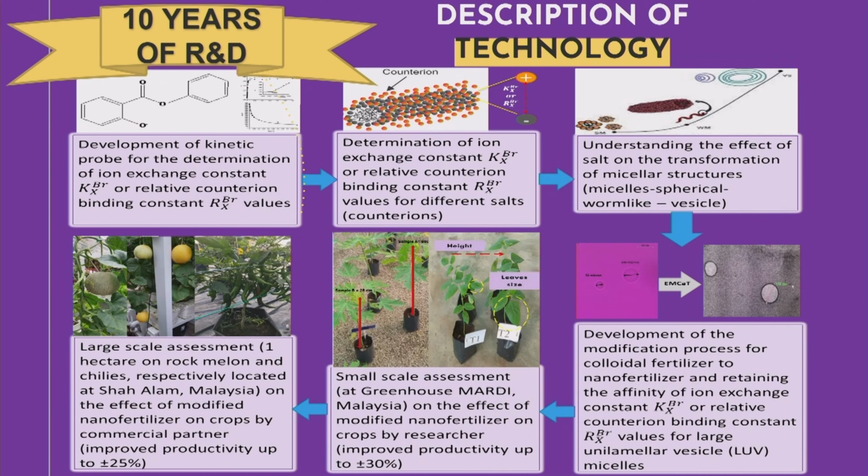What do we do next? We tested in a small-scale assessment in MARDI on the effect of modified nanofertilizer on crops, by me and my team. And then for the large scale, we did the assessment of the effects of modified nanofertilizer on crops by commercial partners.